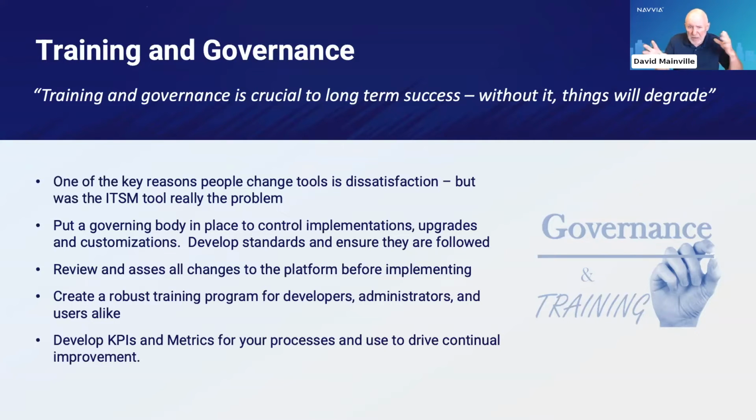You need to have all of that in place because the tool's not going to do it automatically for you. So having your KPIs and metrics for your processes is going to really help you drive continual improvement of not only the process, but then the underlying tool that's supporting the process.